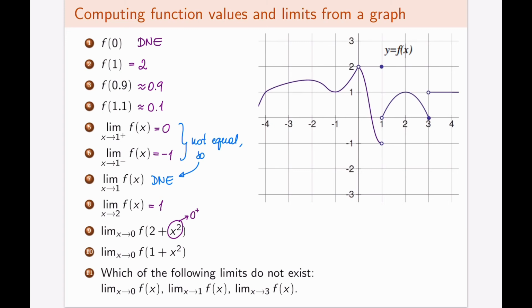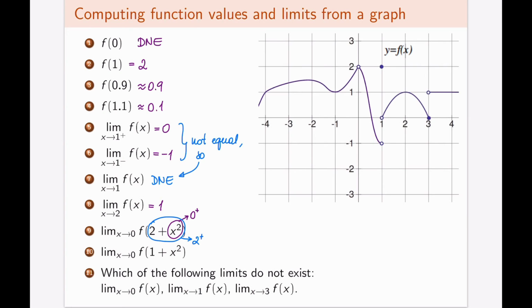So now I am taking a 2 and adding it to that number. What I'm going to get as a result of this sum is a number that is very, very close to 2, but on the right-hand side. I'm adding a small positive number to 2, so I'm going to get a number that is very close to 2, but bigger than 2.